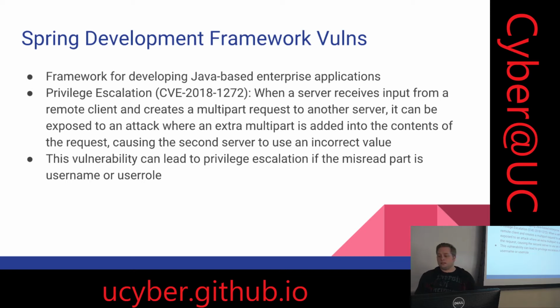But then in transit, the message would have a little bit more data added into it, and it would kind of shift the data around a little bit, and it would leave the message vulnerable to things like privilege escalation, because if the part that the value was read incorrectly of this multi-part message was, say, a user group or a username, then if instead of saying user Jonathan, it says it's now user admin. Well, you're in a little bit of trouble now because this client's being given admin privileges now.